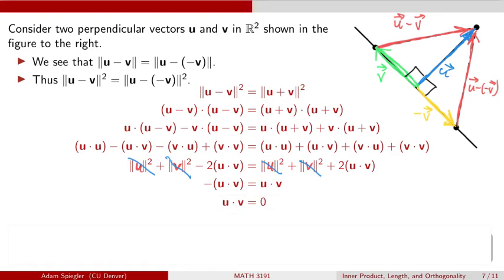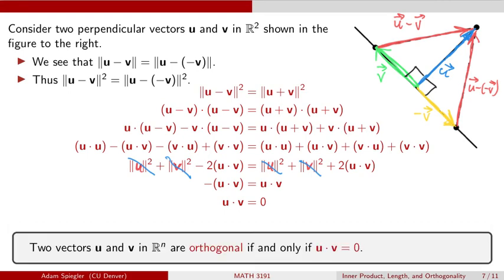So now we get this nice result that, first of all, if u and v are perpendicular, then it follows that the inner product of u and v is 0. And vice versa, if the inner product of u and v is equal to 0, you could work your way in the other direction and show that u and v are perpendicular to each other. So now we see a nice connection between the inner product and determining whether two vectors are perpendicular.